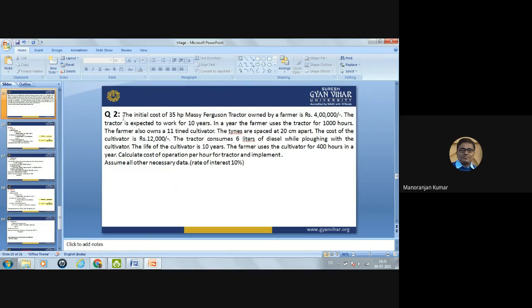The farmer also owns an 11 tines cultivator. The tines are spaced 20 centimeters apart. The cost of the cultivator is 12,000. Means capital C for the cultivator is 12,000 rupees. The tractor consumes 6 liters of diesel while plowing with the cultivator.